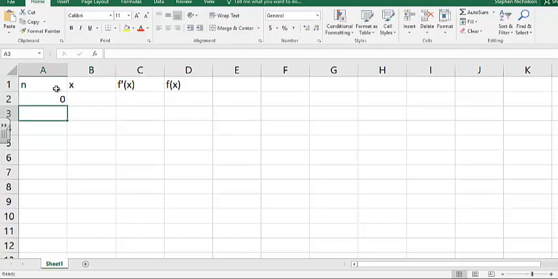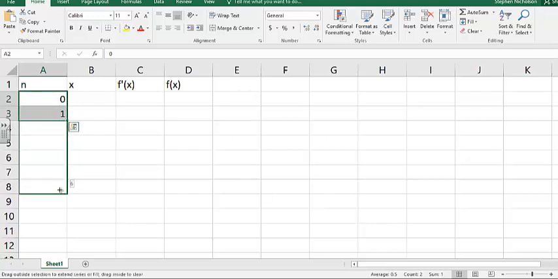In Excel you can put in numbers and increment. Because we have a step size of 0.01, and we're going from 0 to 2, that means we need 200 steps, so you take 2 divided by 0.01. So we need numbers from 0 to 200.